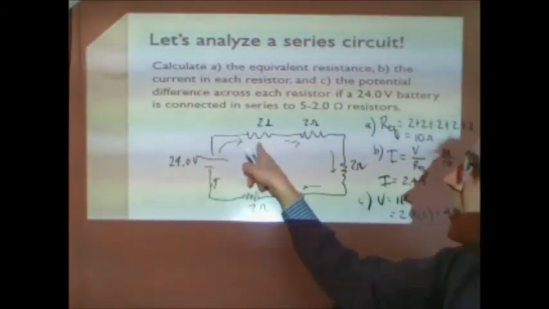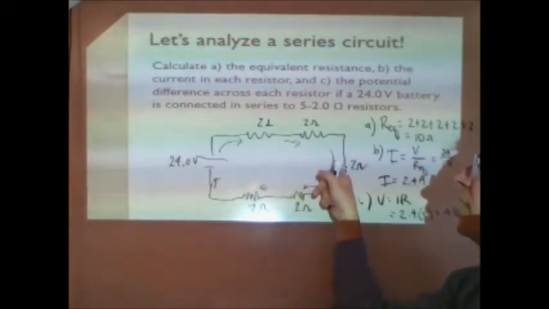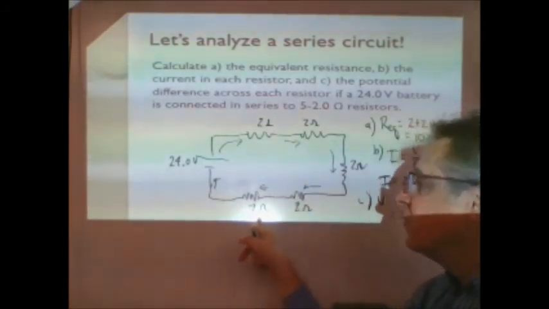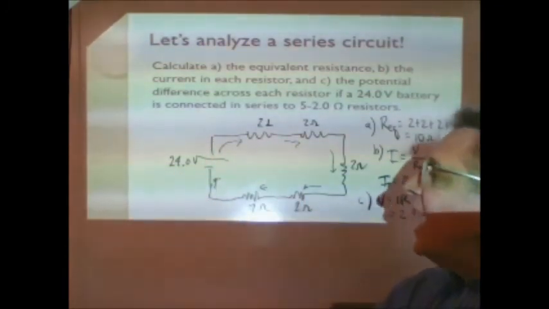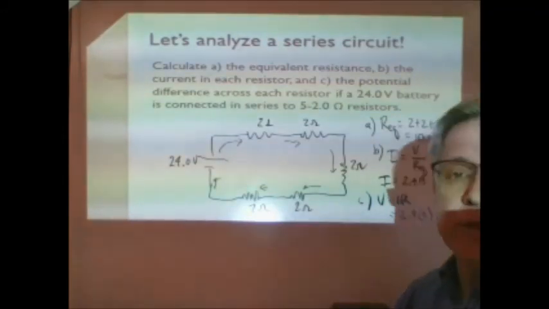And you'll see that if you add 4.8 and 4.8 and 4.8 and 4.8 and 4.8, you'll get 24 volts, which has to happen because of the conservation of energy.